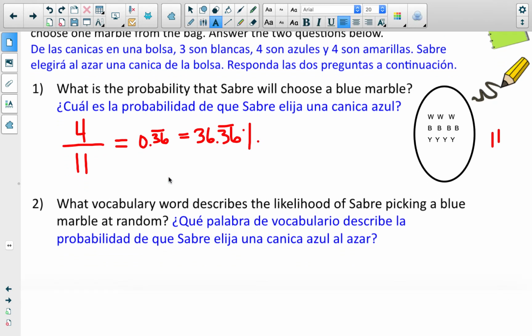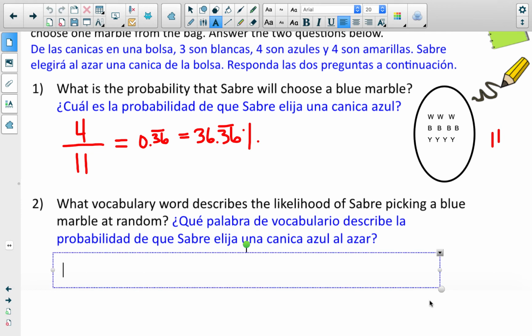Now, what vocabulary word describes the likelihood of Sabri picking a blue marble at random? Well, it's clearly not impossible because there's blue in there. It's not certain because there's other options. You could get white or yellow. It's not 50-50 because there's not an equal amount of blue as every other color, right? The only way this would be 50-50 is if blue would have to have half of the total number of marbles.